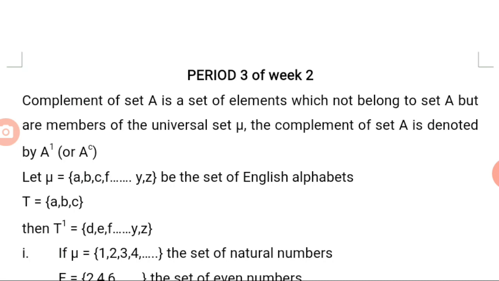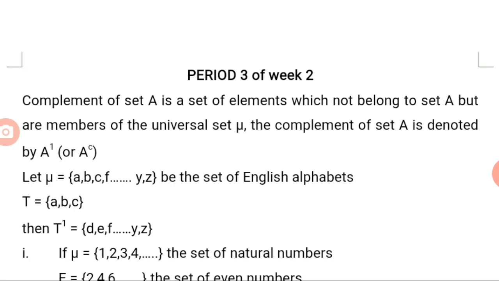Complement of set T are those elements that are not in set T but are in the universal set. Example, we have D, E, F, Y, Z, and so on. Is that clear?